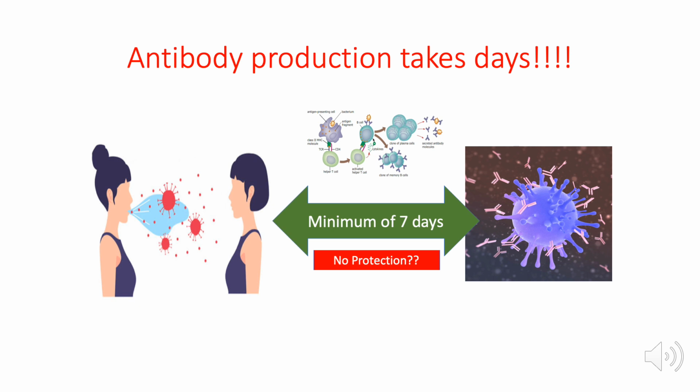That's why there is that minimum of 7 days that you are left unprotected because you are still waiting for the antibodies. So your immune system must come up with immune responses that will somehow protect you while waiting for the antibodies to appear.